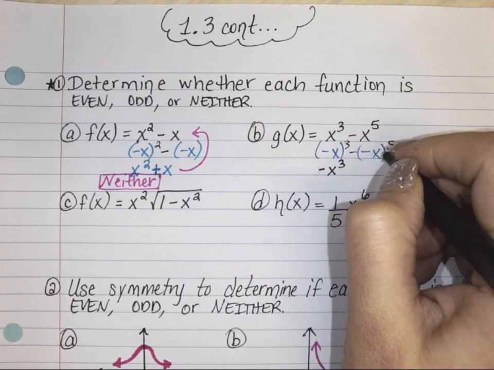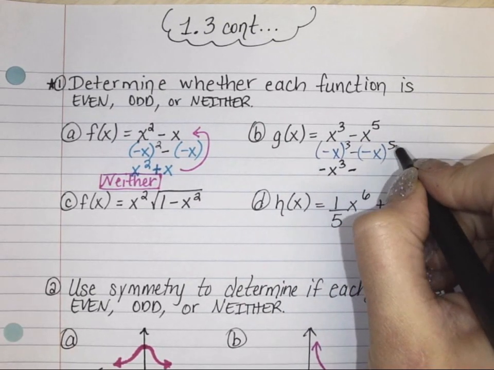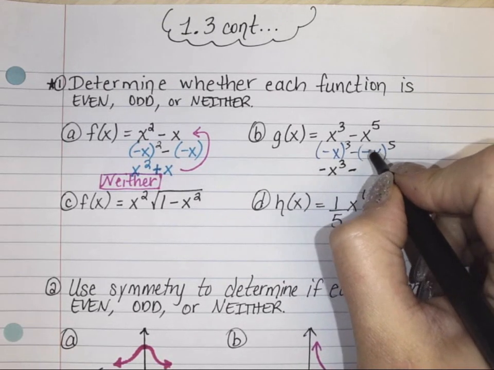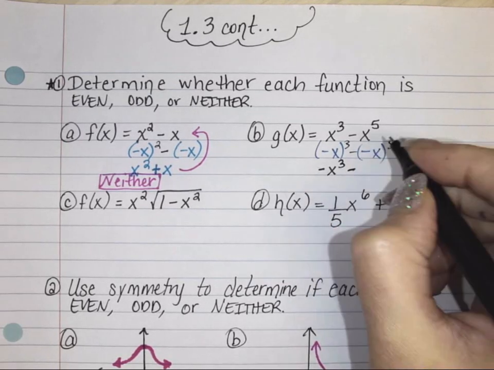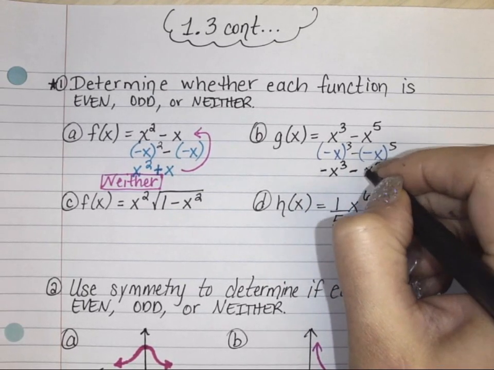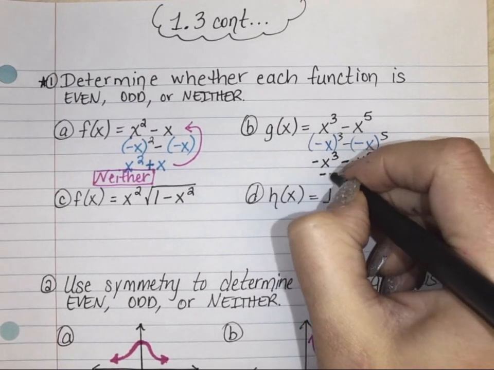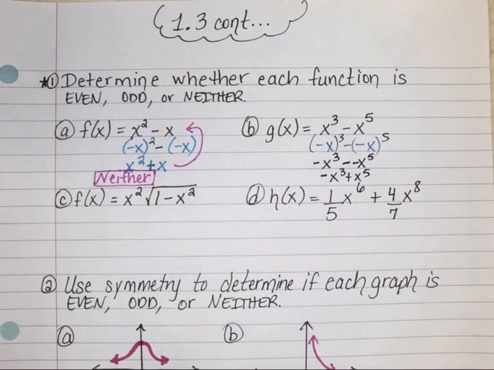And this, you bring down this minus sign, negative x to the fifth. You have to do exponents first. Think about distributing that minus sign. So before I can make that a positive, do your exponents. So that actually stays negative x to the fifth, and eventually it becomes this.